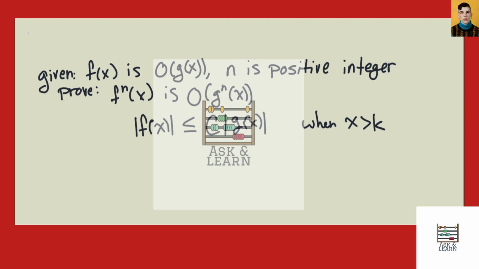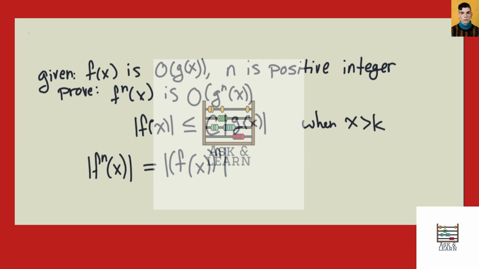We are interested in the absolute value of f to the power of n, right? Which can be rewritten, just depending on preference, as the function itself raised to the power of n. So this notation change, same meaning.